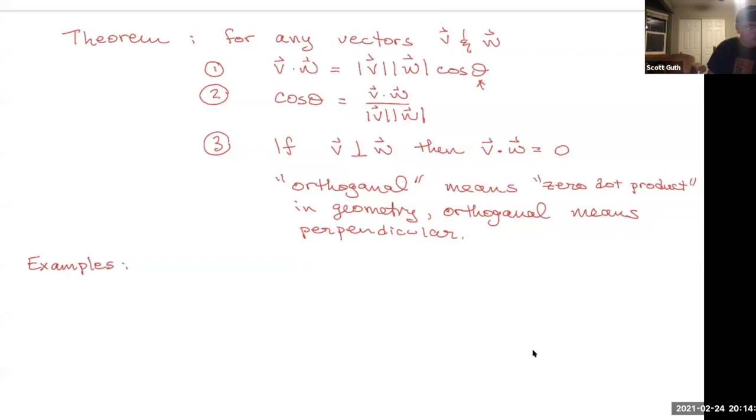Okay, so first, I'm going to have v be <2,1,5> and w be <-3,4,2>. Okay. And then I want to find the angle that separates these.